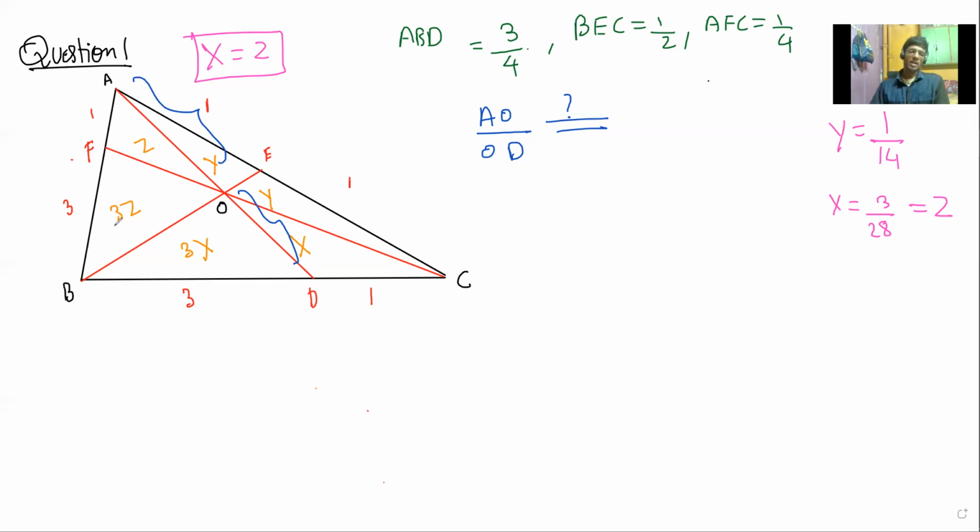You can look on the left side, ABO and OBD, or you can look on the right side also. It's up to you. It's not 1 because there is 3x and there is 4x. So it's 3:4, or 4:3, something. But you see, you've got the idea.